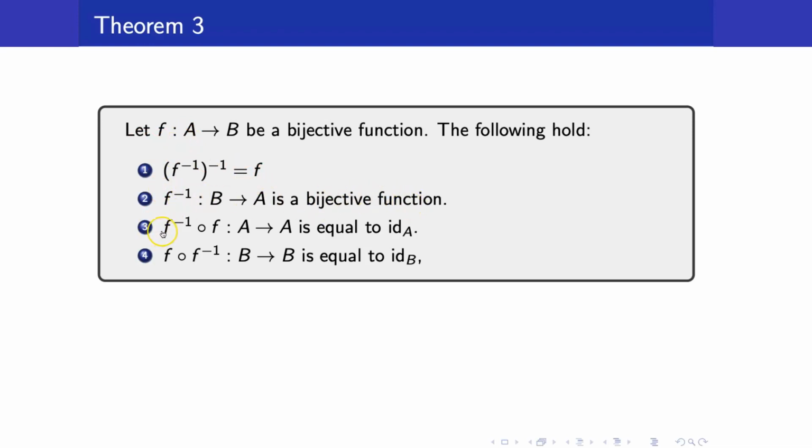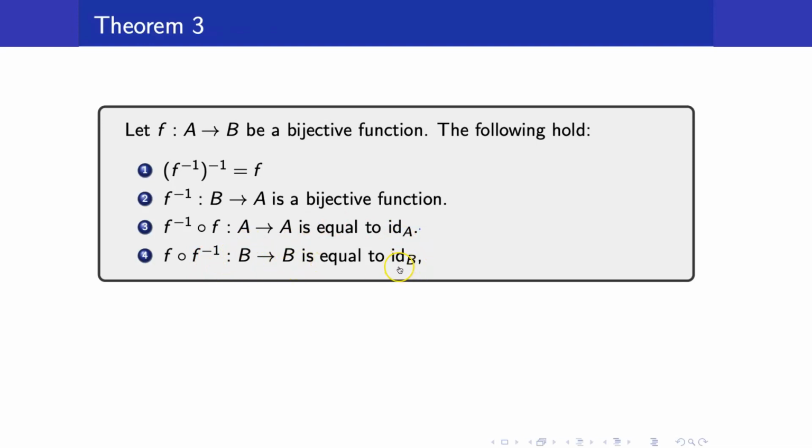Numbers 3 and 4, actually, are saying that when we compose f with its inverse, then we get the identity function. Of course, this will depend on whichever comes first. If we start with f, then this composition is from A to A. So therefore, it will be equal to the identity function on A. If we started with f inverse, we started out with b and we will end at b.